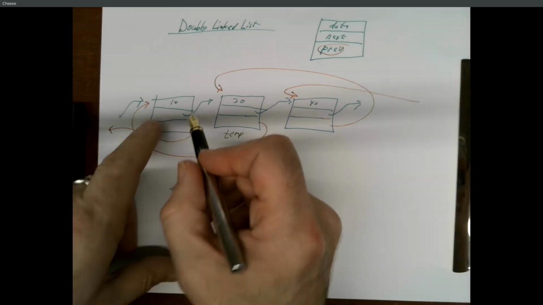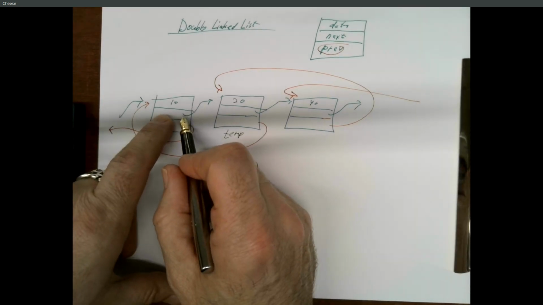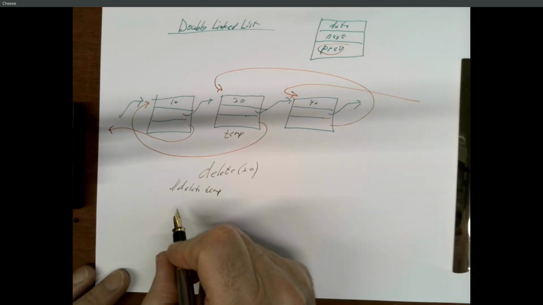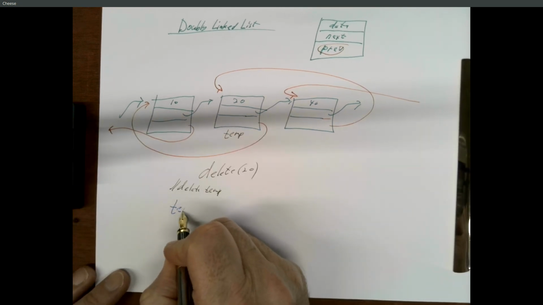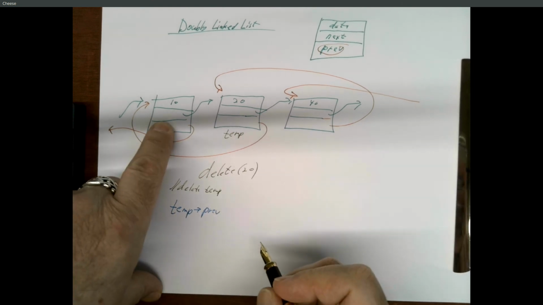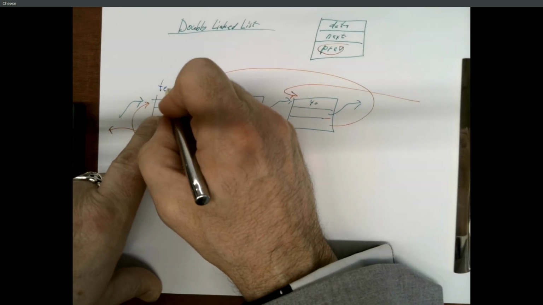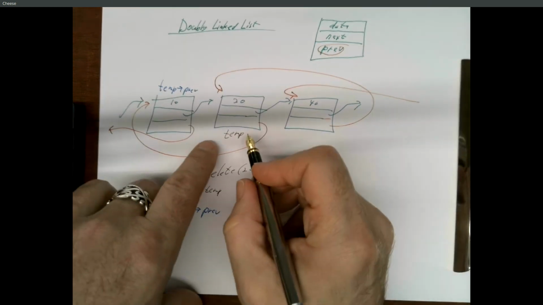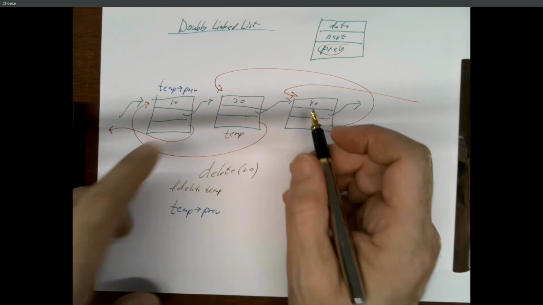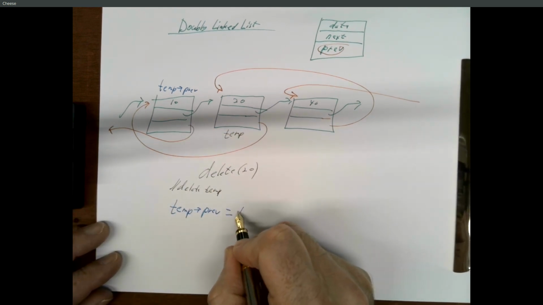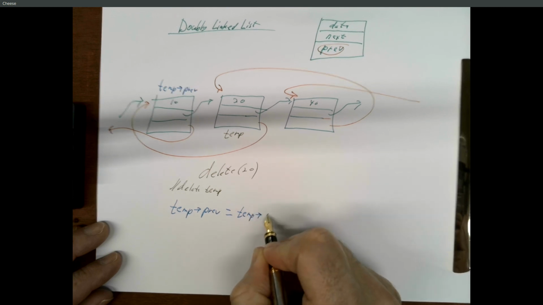We need to take the prior node, the previous node, and have that point where temp is pointing. Okay, how do we get to the previous node? Temp arrow previous. That's this. And we want to set that to whatever temp is pointing to. So temp arrow previous equals temp arrow next.